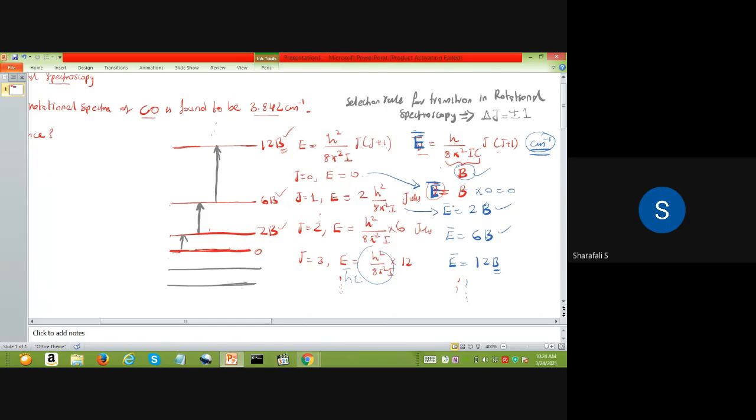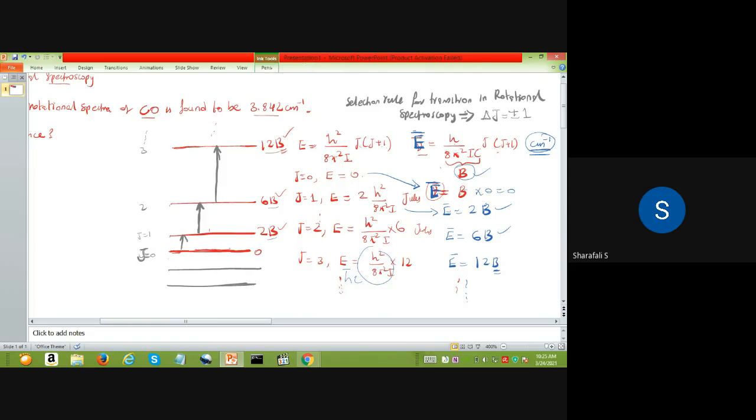So in each case, you have a J value. Here we have J equal to 0, here J equal to 1, 2, 3, and so on. These transitions are possible from 0 to 1, or 1 to 0, or 1 to 2. Similarly, 2 to 1 is also possible, and 2 to 3. So the change in J value, delta J, should be equal to plus or minus 1. That is the condition for rotational transition.